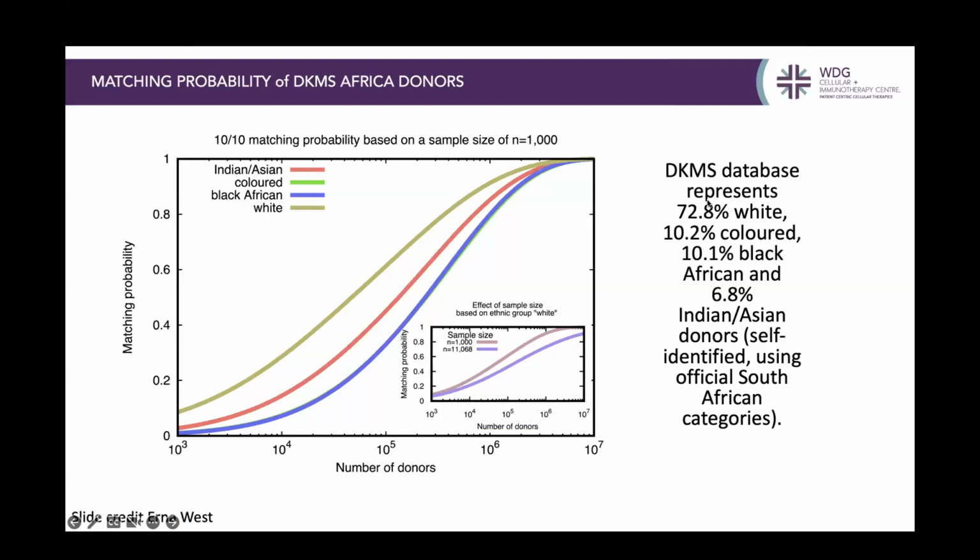The database represents 72% Caucasian donors, 10.2% colored, 10.1% Black Africans, and then 6.8% Indian or Asian donors. These are all self-identified using the official South African categories. So your probability of finding a donor if you are of colored or Black African or Indian Asian origin is lower.